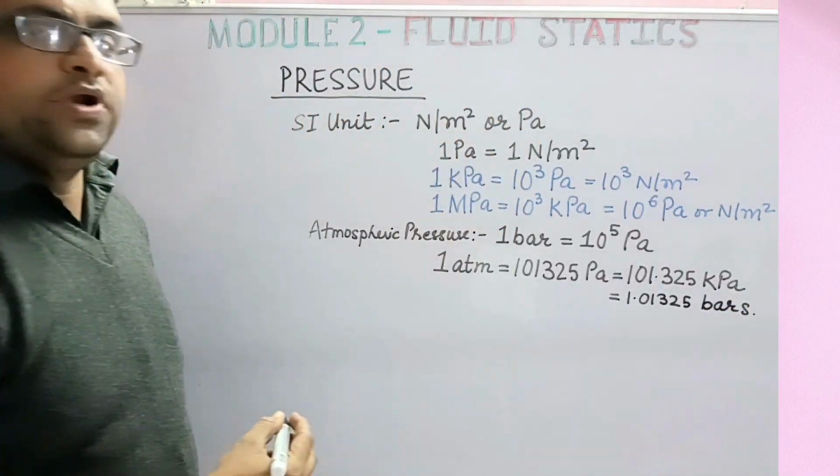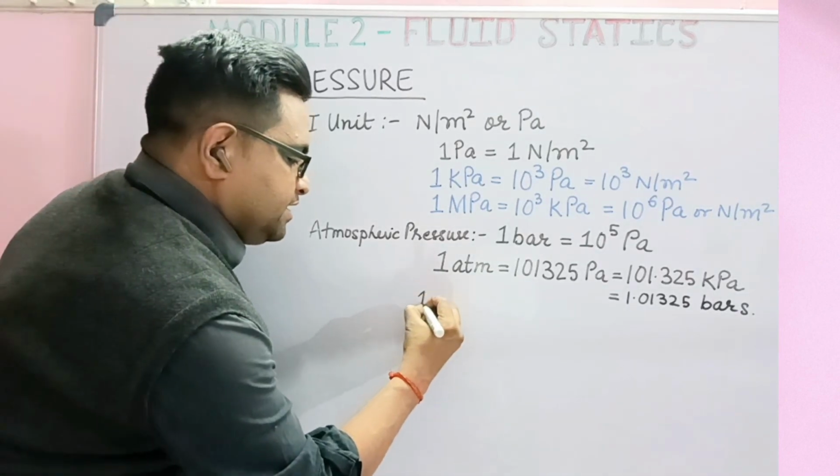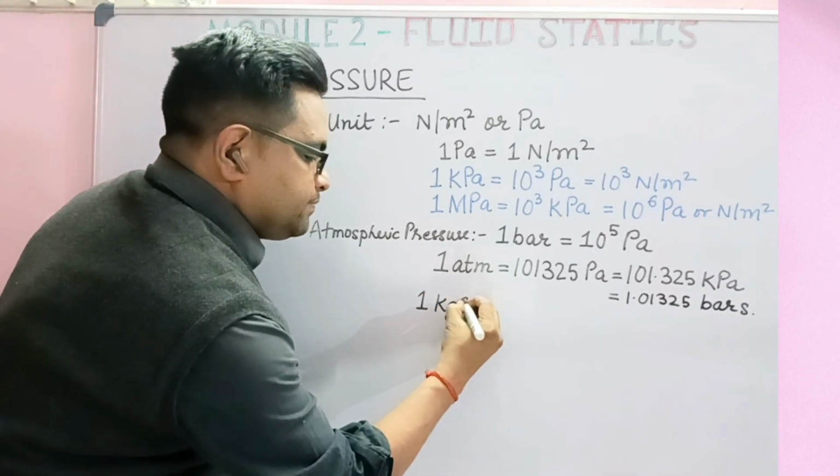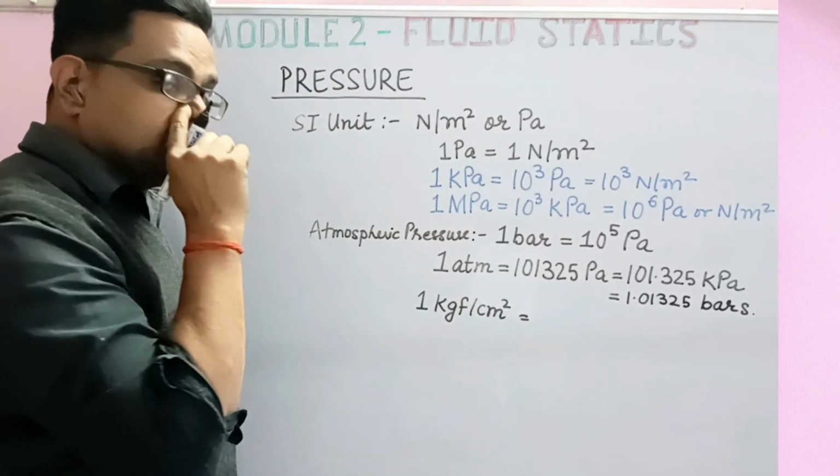Now there is one more unit for atmospheric pressure which is generally used, and we say it 1 kilogram force per centimeter square. Now what is this 1 kilogram force per centimeter square?